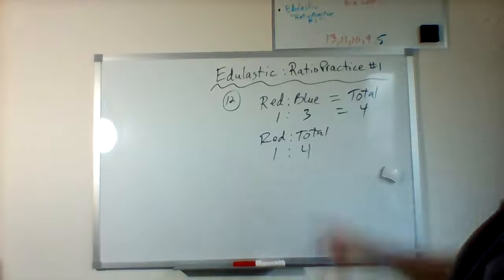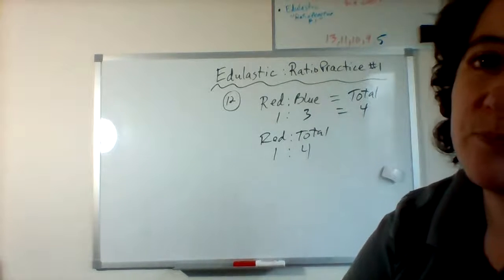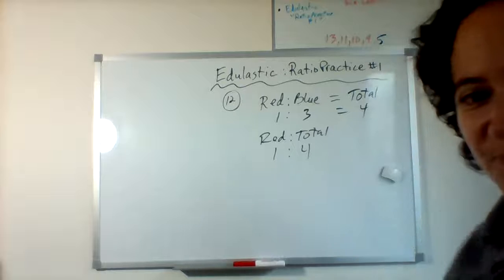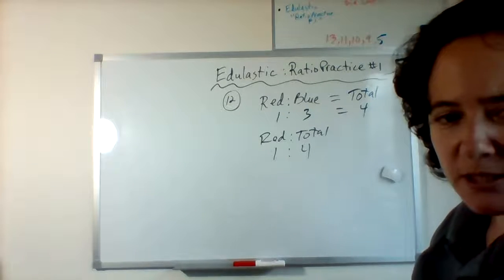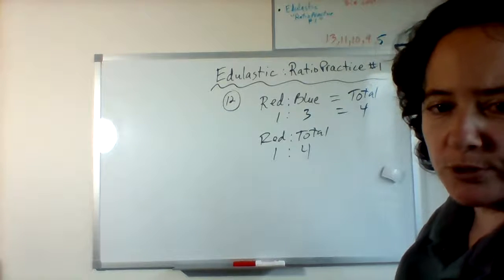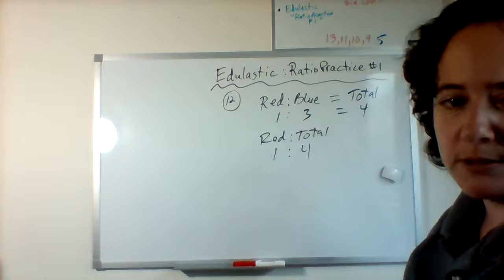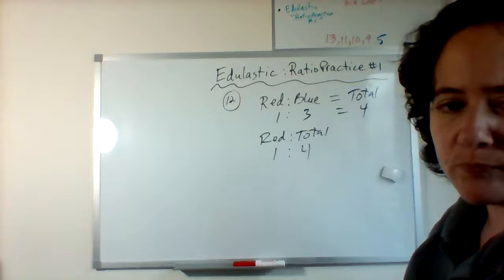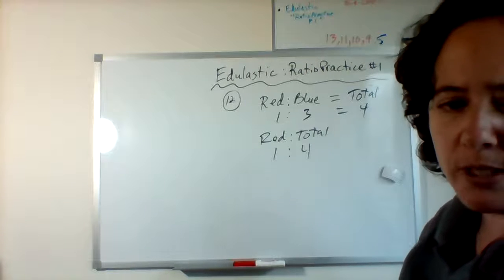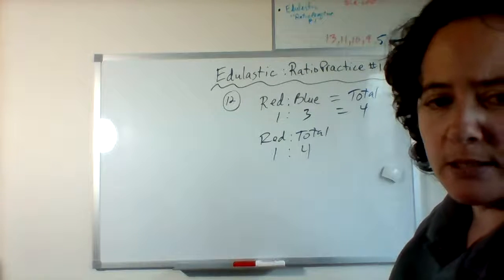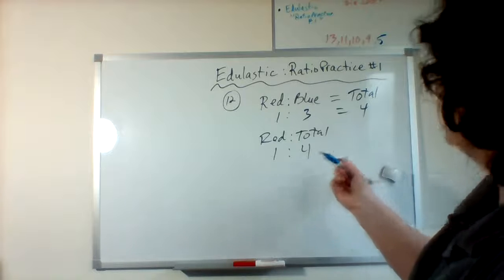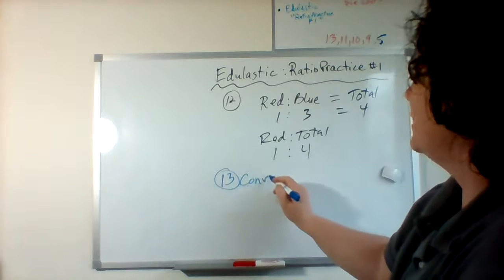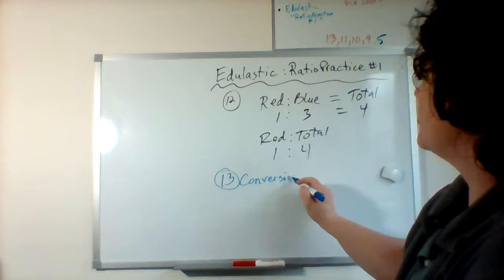Okay. Let's look at number 13. You have to be 60 inches tall to ride the roller coaster. How many feet tall is this? They're telling us a unit rate, or a conversion rate we could say. I'm going to write that word down in case you need to see it: conversion rate.